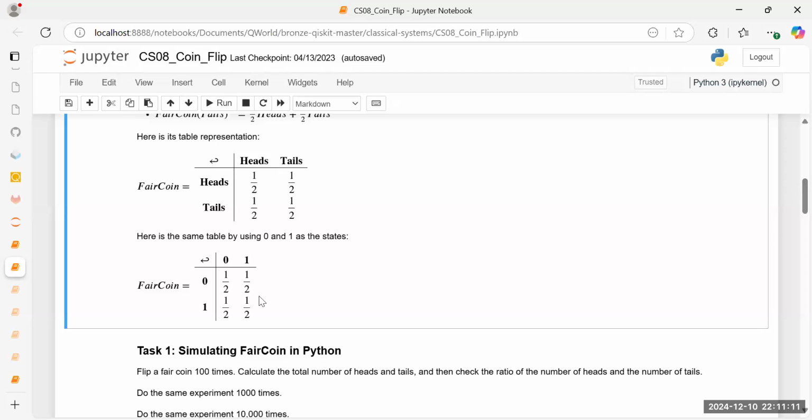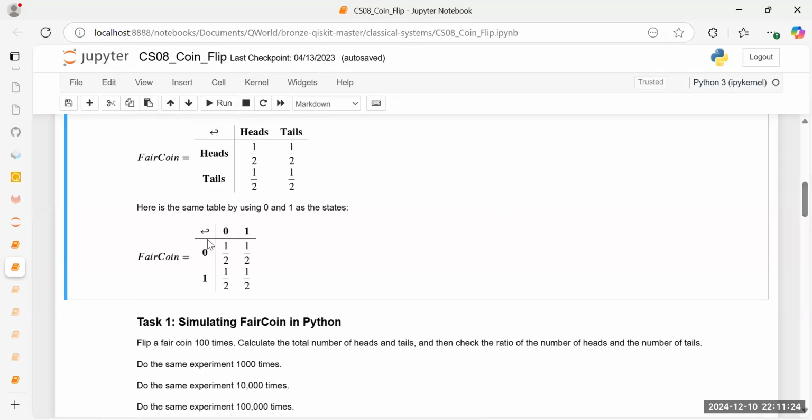Okay, so the thing is that it's possible that we're given an operator, but we don't know the actual entries in our operator, and we might want to figure this out. So one way we can go about doing this is to apply our operator several times and see the results we get.